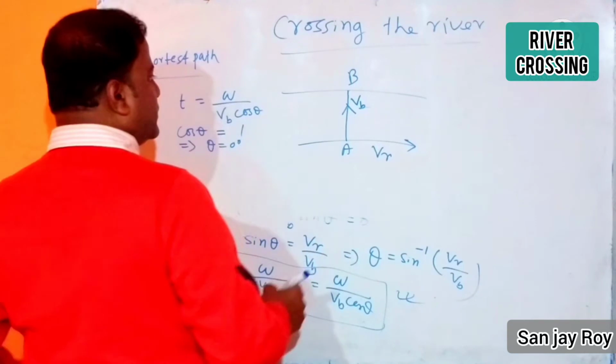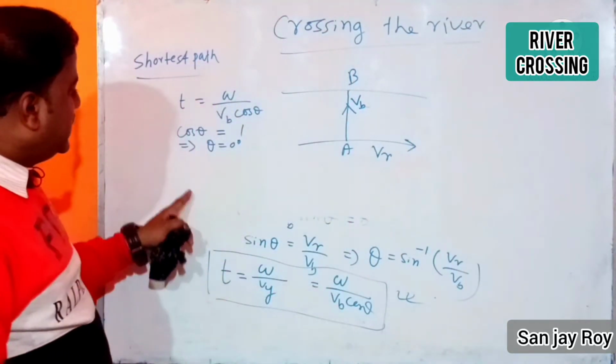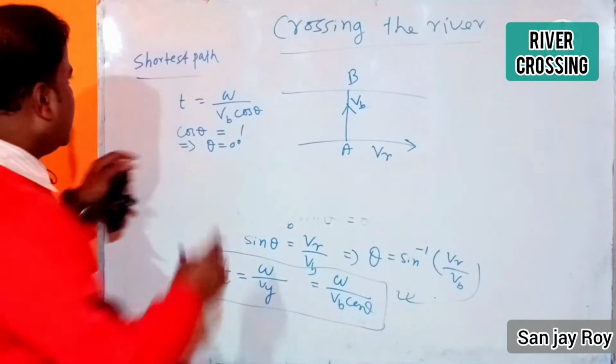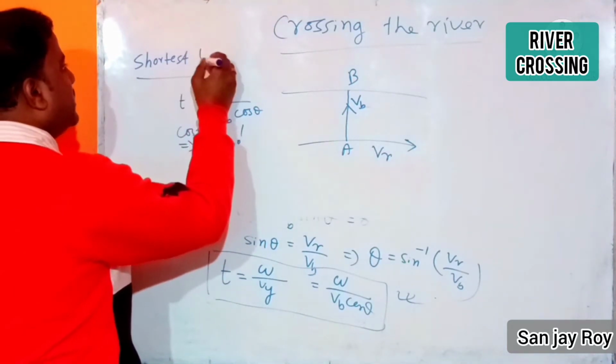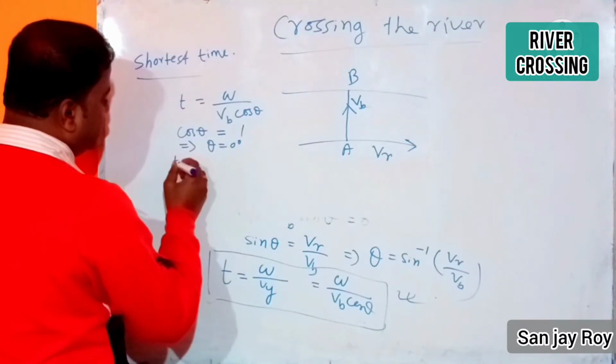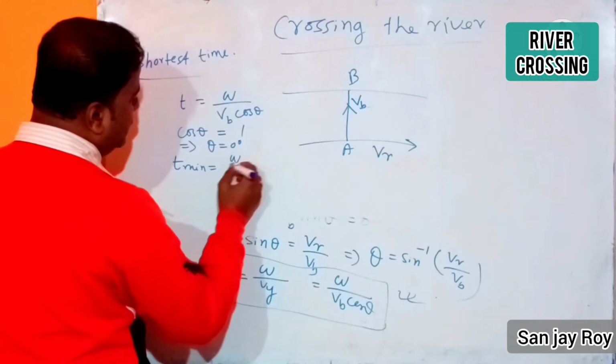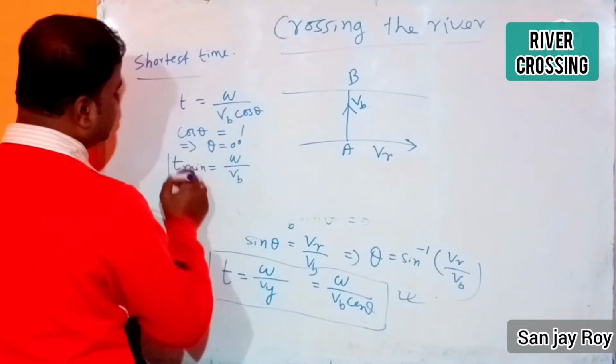The boat moves along the AB direction, then it will reach with the shortest time. Theta equal to 0, and this time T min will be W by VB.